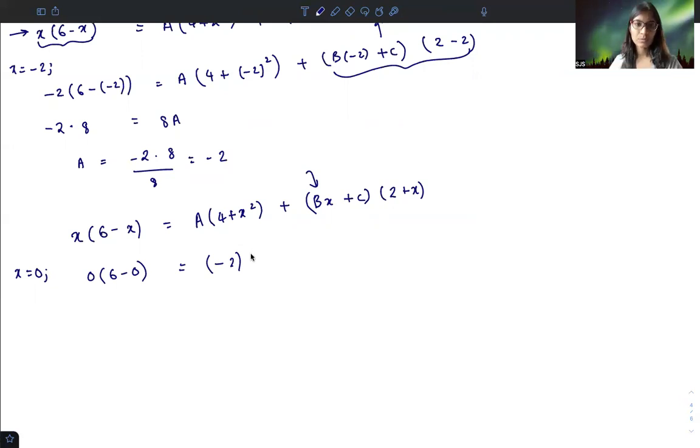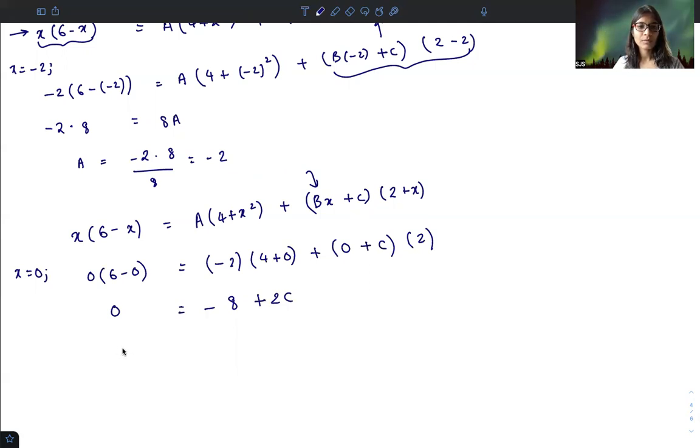So -2 and 4 plus 0 plus 0 plus c and 2 plus 0, which is 2 also. So 0 is equal to -8 plus 2c, which gives us 8 is equal to 2c, and so c is equal to 4.